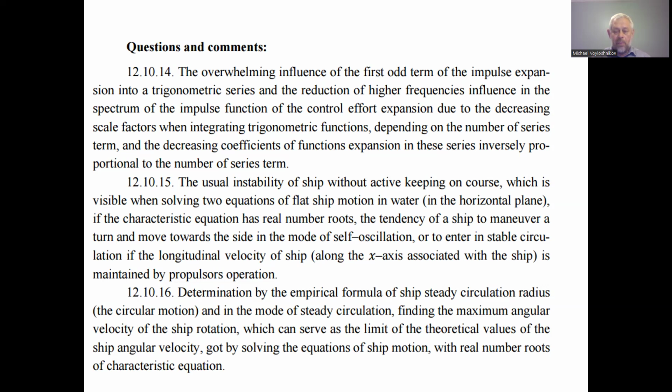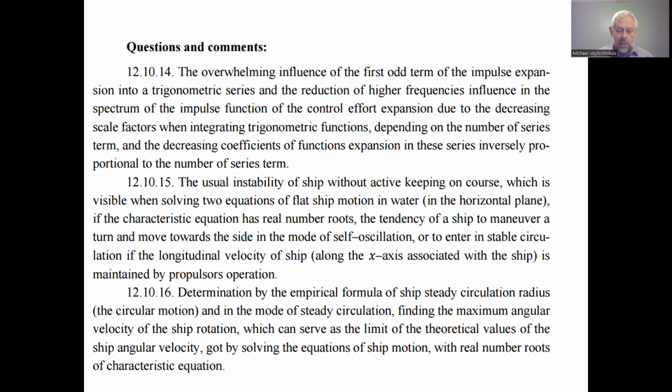But the ship, when it loses stability on the straight course, obtains stability in the concept of sustainable circulation, if by the action of the propeller or other drives, the kinetic energy of the ship motion along the longitudinal axis associated with the ship is replenished.